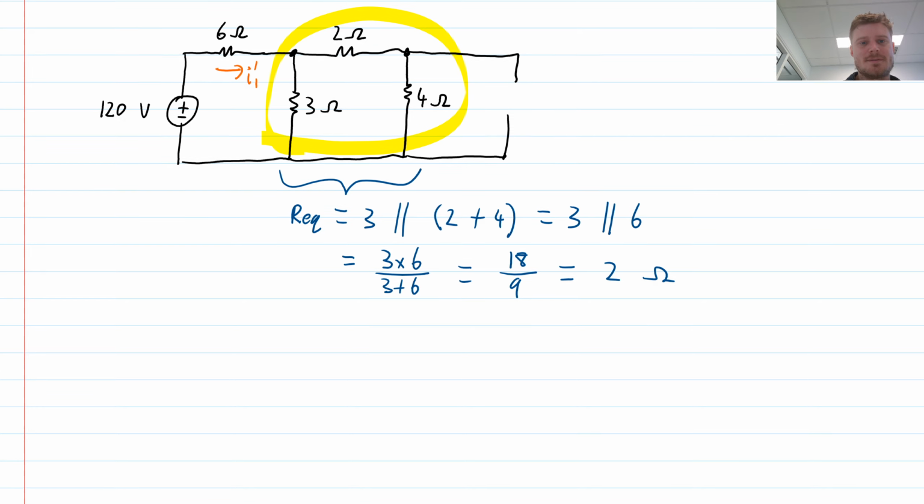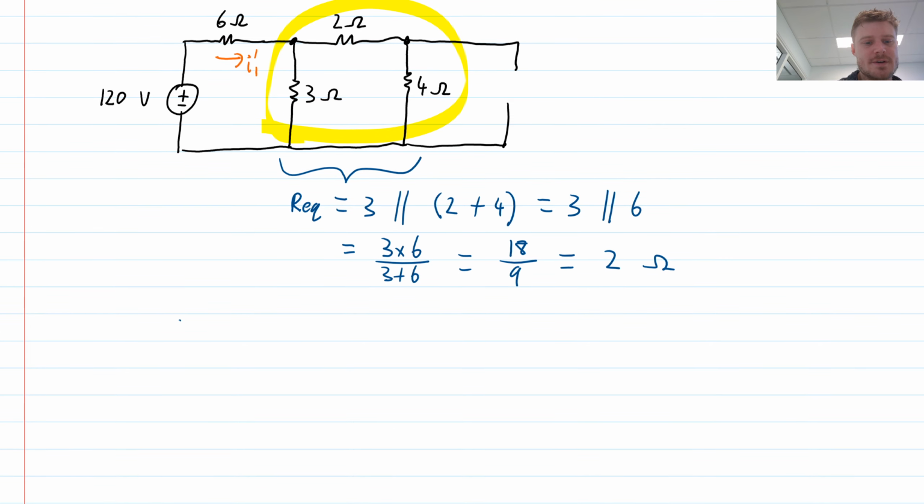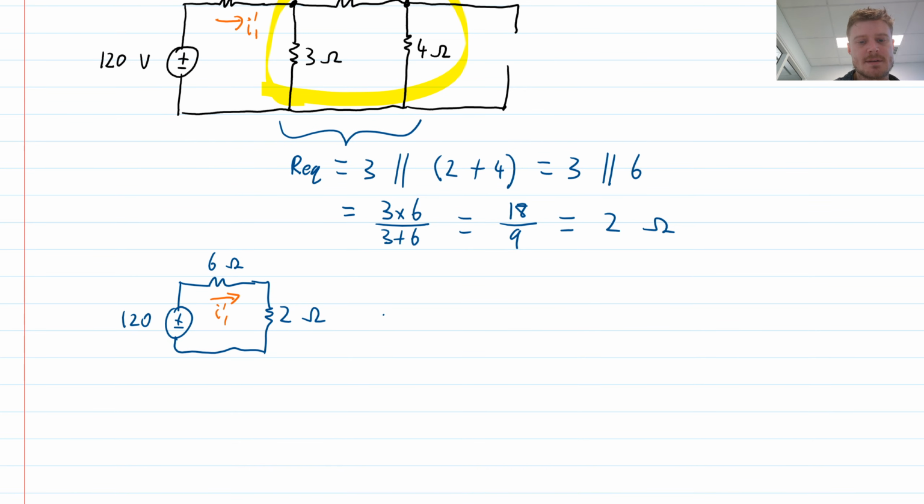So I can redraw the simplified version of my circuit, which has then the 120 volt source with a 6 ohm in series with 2 ohms, and the current that I'm trying to find here is this I1 prime, and here I can pretty much write it down straight away.